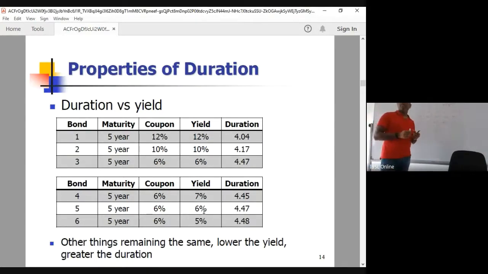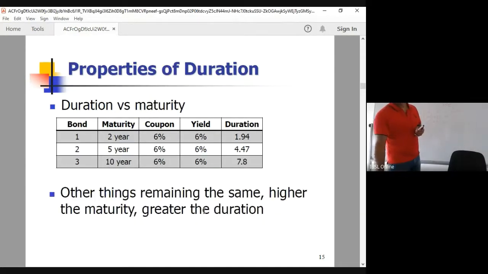So why is that important? Because, as I told you earlier, in valuing these bonds you need to figure out exactly where your risks lie and what exactly is the duration of the bond. Based on that duration, here's another example.